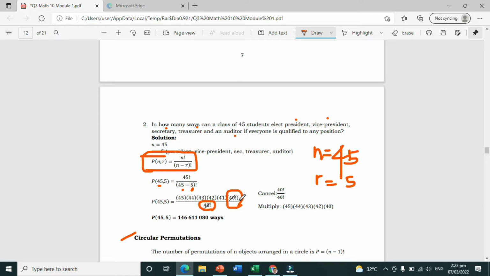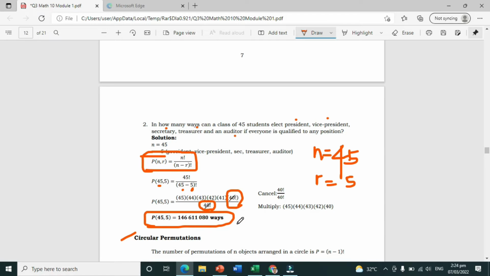So, what would be left is 45 times 44 times 43 times 42 times 41. Mas madali na yan i-multiply or i-calculator. In your calculator, 45 times 44, 43, 42, 41 is 146,611,080 ways. So, pwede yan by cancellation.